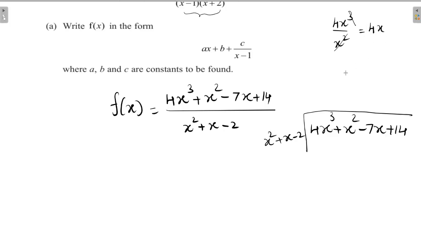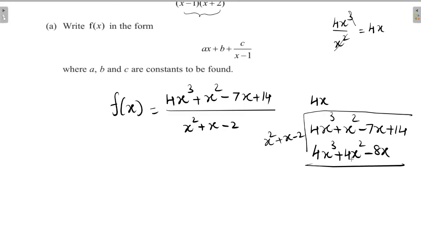The first term is going to be 4x. This 4x we multiply by the whole divisor: 4x times x square plus 4x times x minus 4x times 2. So the expression is going to be 4x cube plus 4x square minus 8x.